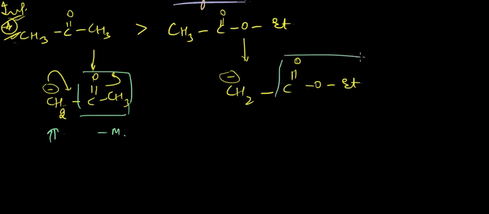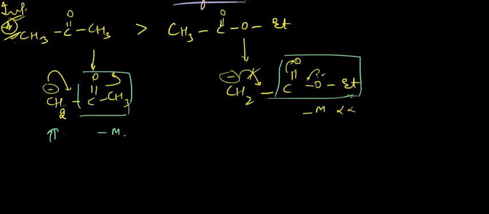But if you look at this group, it is actually busy in its own resonance. It is not at all bothered with having resonance with this pi electron. So this is not a minus M group. It is a very mild minus M group because it is involved in its own business of creating resonating structures from the lone pair of electrons on the oxygen atom.